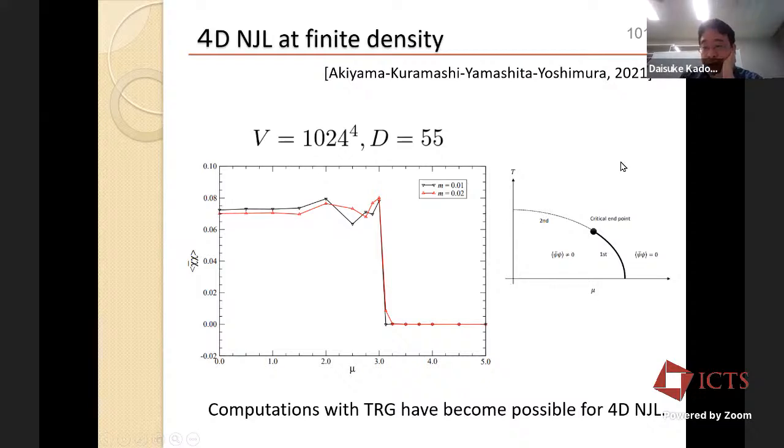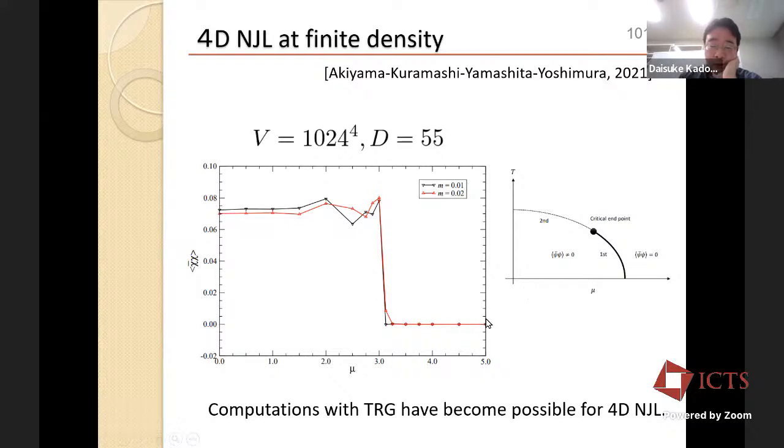And this is a schematic picture of the phase diagram of this model in the T-mu plane, and the calculation is carried out for a line near the x-axis, as clearly seen in this figure. This expected phase diagram can be confirmed by the HOTRG calculation.